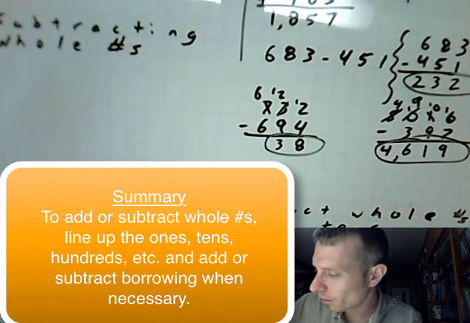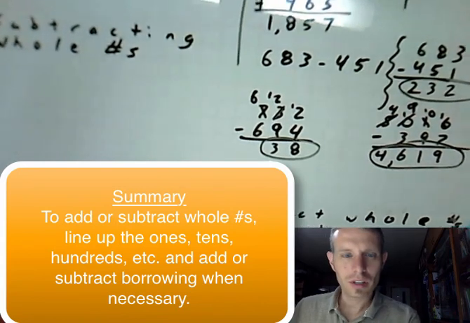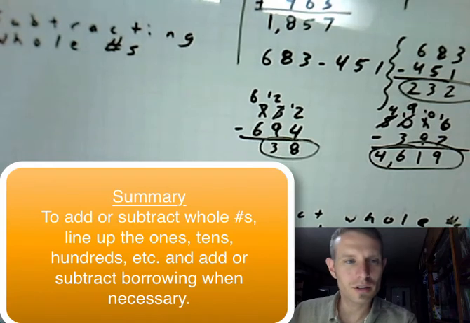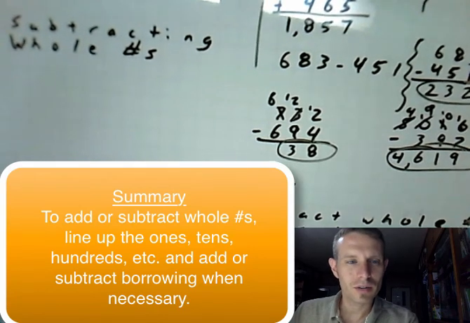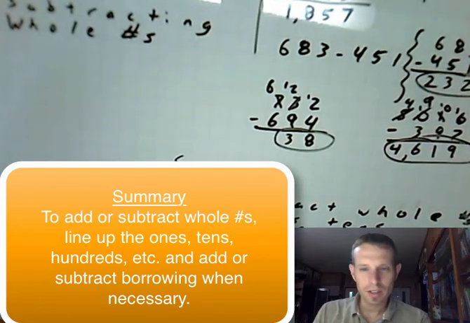I'll read that one more time for you. To add or subtract whole numbers, line up the ones, the tens, and the hundreds, etc., and add or subtract, borrowing when necessary. And so I do hope that was clear for you guys.